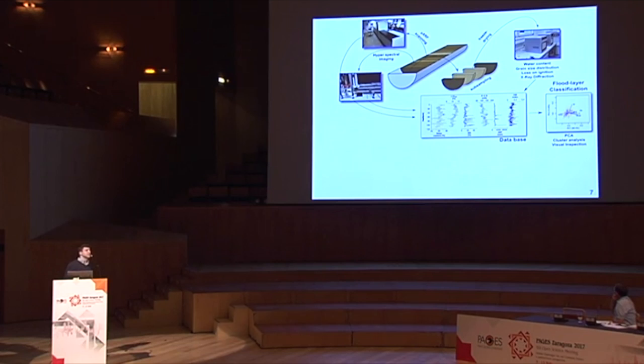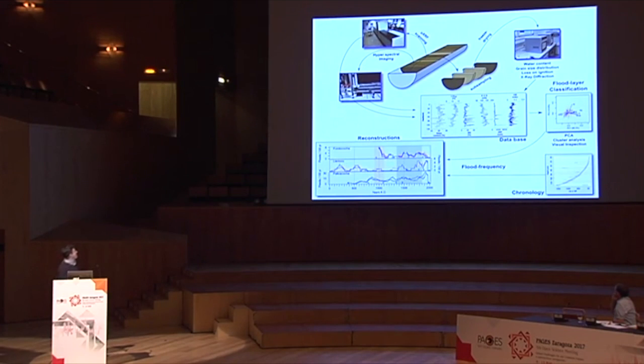So 3 individual people were counting and measuring all those layers, and that gave quite a nice data set. Then for each lake, we established a chronology, and together we could assign to each layer an age, and we could calculate flood layer frequencies.